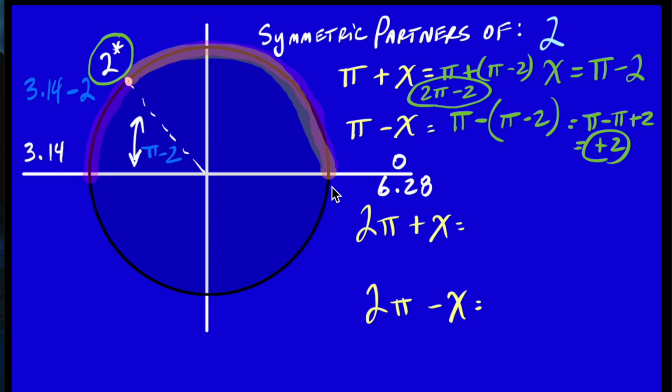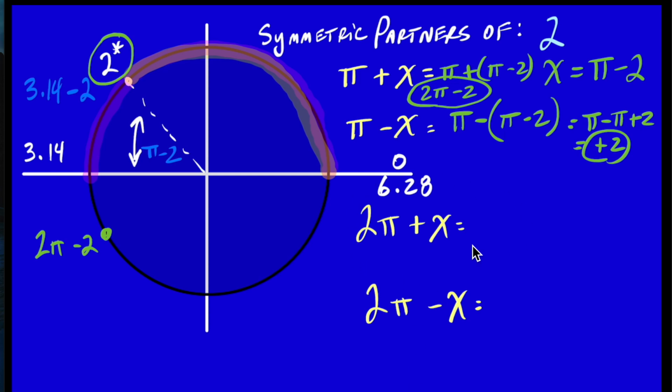So 2 radians, the length of 2 radians, if you're looking at this arc right here, is going to put us right here. This distance here is the same distance as that original orange arc, but going negative from 2 pi. Okay, let me label that. That is going to be 2 pi minus 2. That will be a symmetric partner.